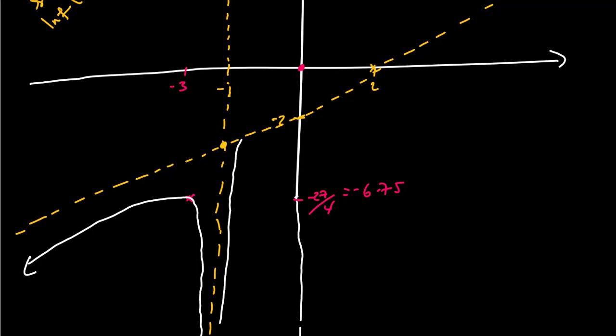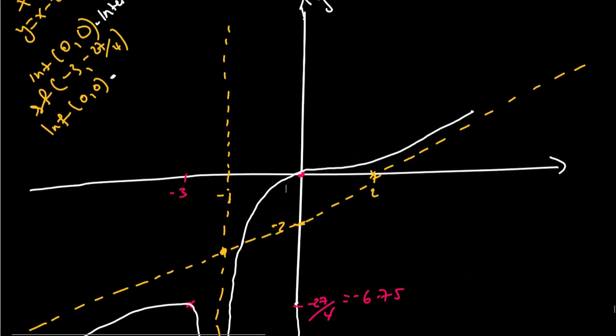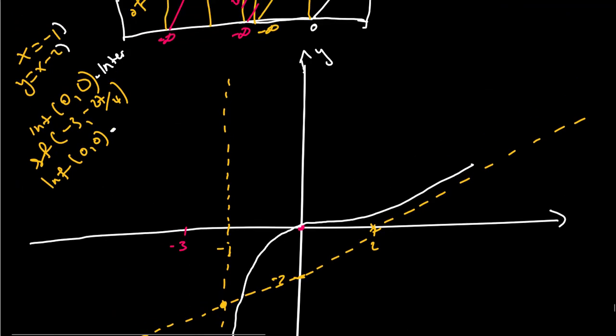Now remember, a graph can cut the slant asymptote. So what we have is, it's going to change its concavity, and the graph will increase upwards right up to positive infinity.